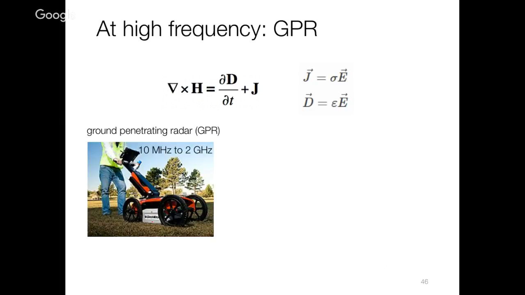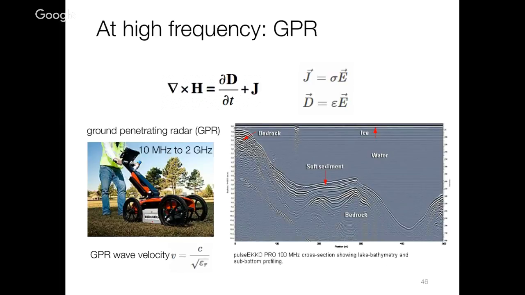What do these units look like? Engineers use these a lot. They're basically self-contained units. You drag them over some place, they operate at pretty high frequency, and they end up giving data that looks like seismic data. Here's a picture of what you get with a GPR signal.